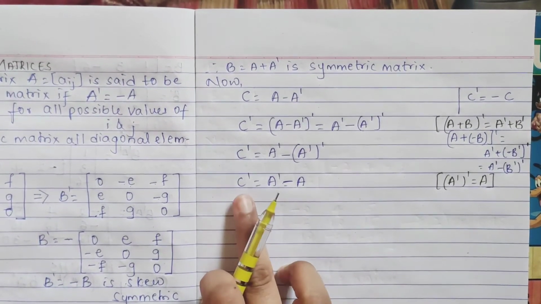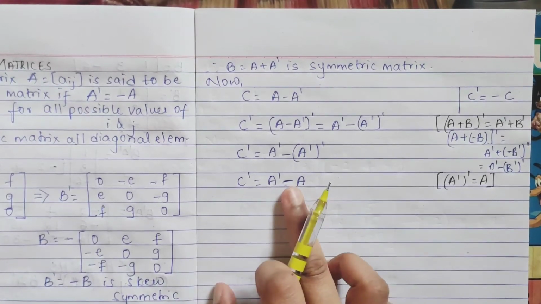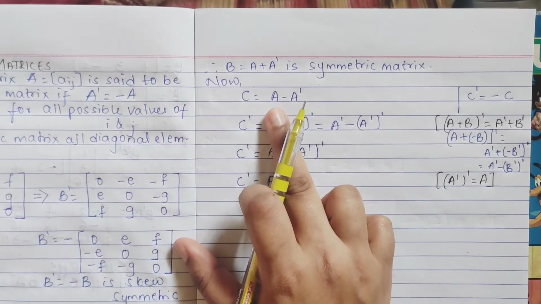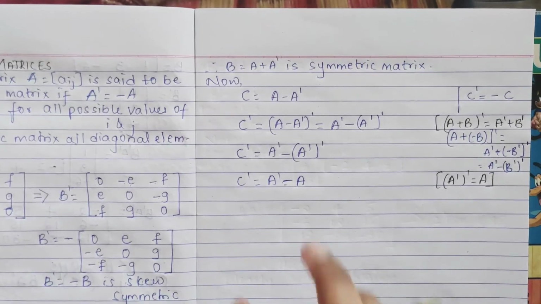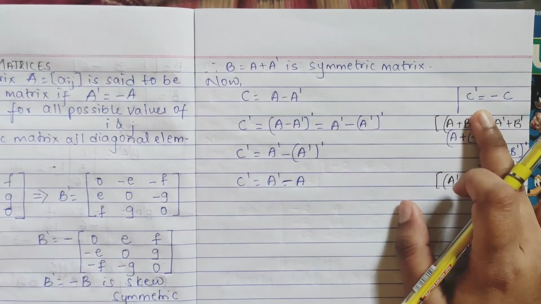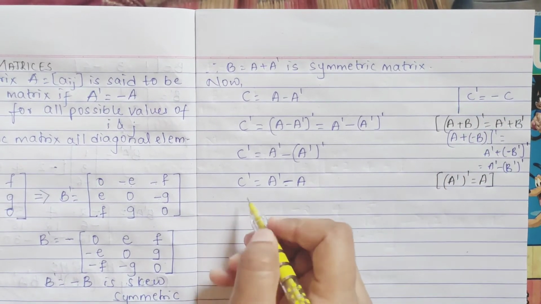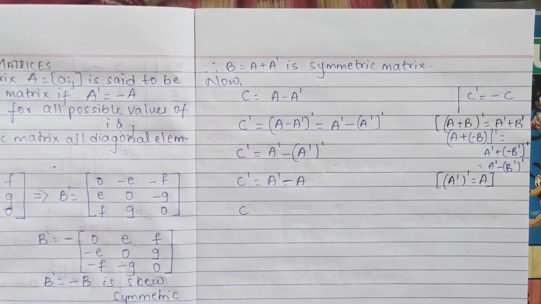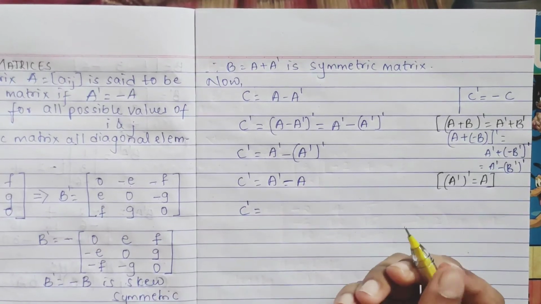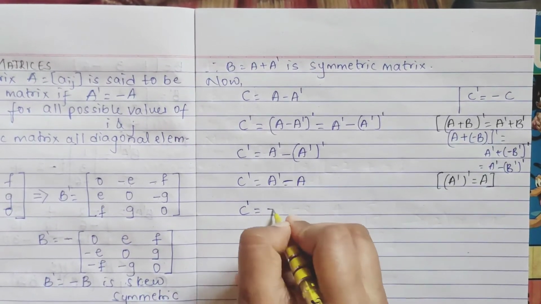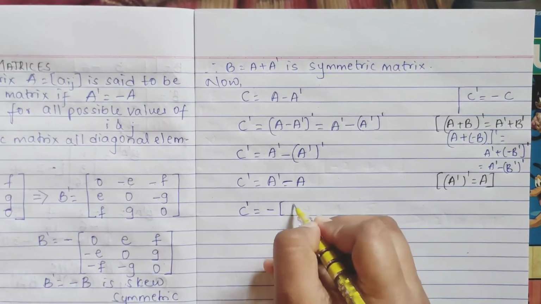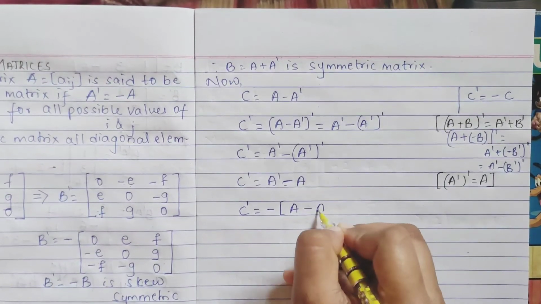Now you have C transpose equal to A transpose minus A. But here C is A minus A transpose, and what does the skew symmetric matrix tell? C transpose should be equal to minus of C. So here what we will do is multiply by the minus sign: minus of A minus A transpose.